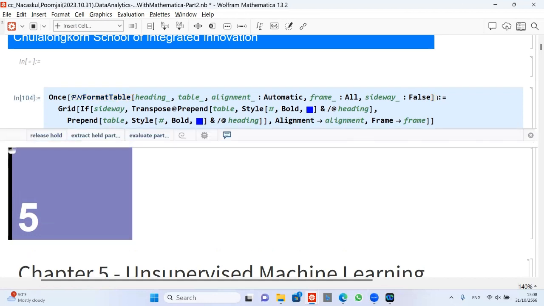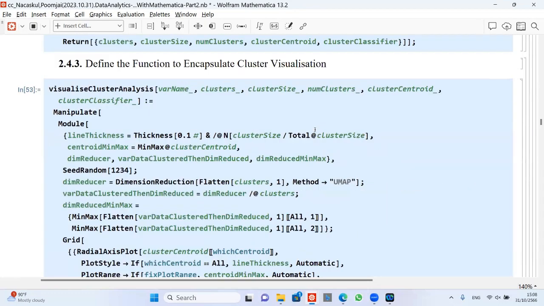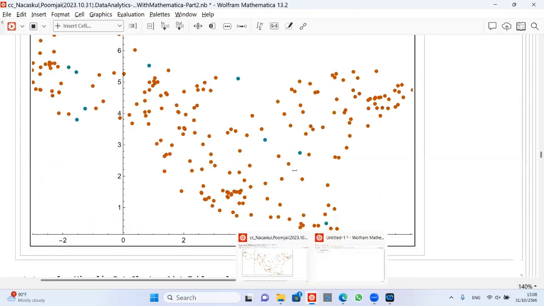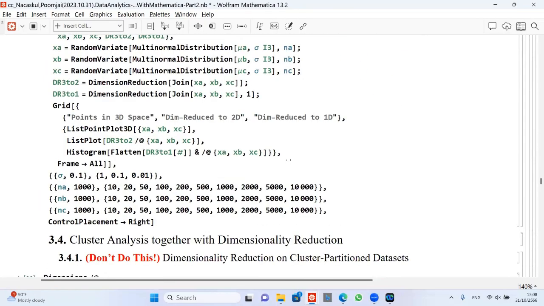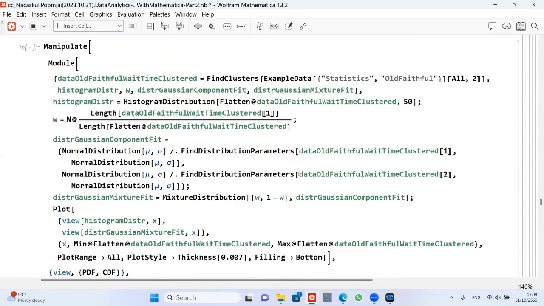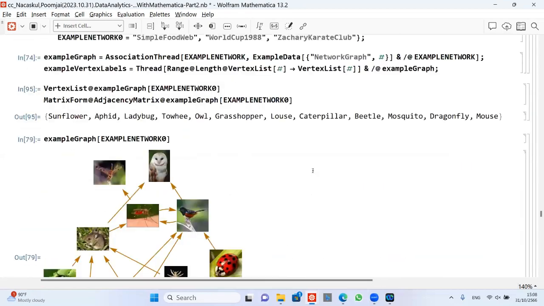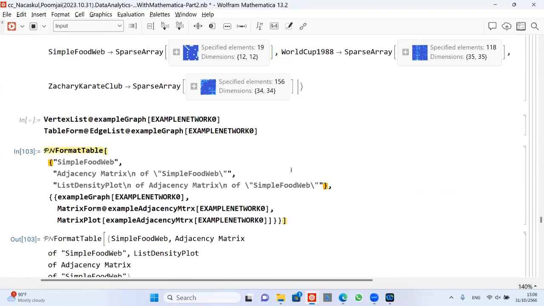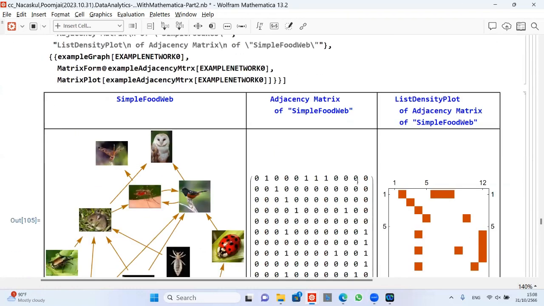I use it many times, so I don't want to keep writing table. So go down here. Once you shift enter that one, then you can use it forever. Okay. There, it just makes it a nice table. Okay. Simple food web. This is the adjacency matrix of that.